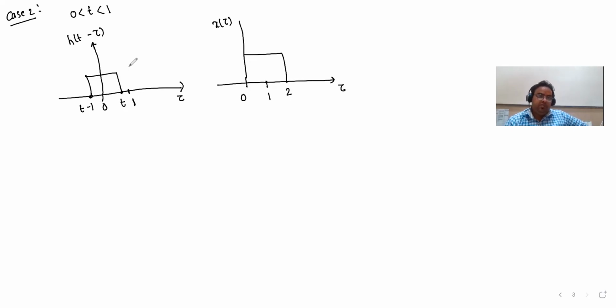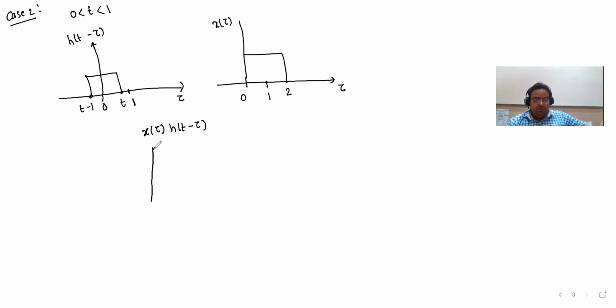So when we multiply both of them, x of tau and h of t minus tau, this is how this is going to overlap. You remember that initially this was somewhere here, now it has moved to this part. Initially it was not at all overlapping with x of tau. Now we'll see how much it is overlapping.